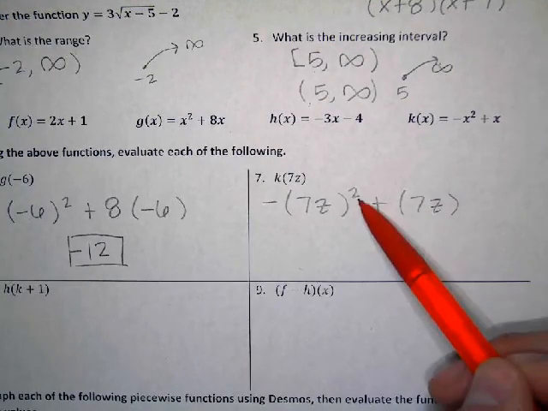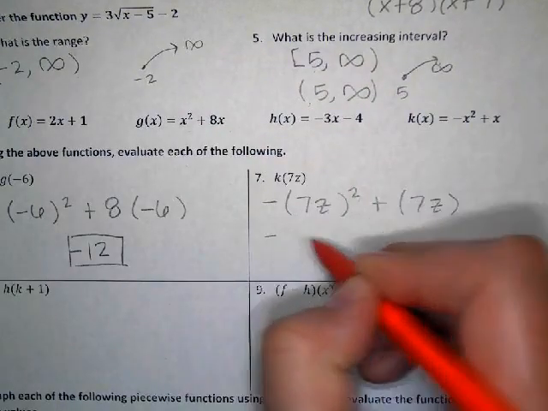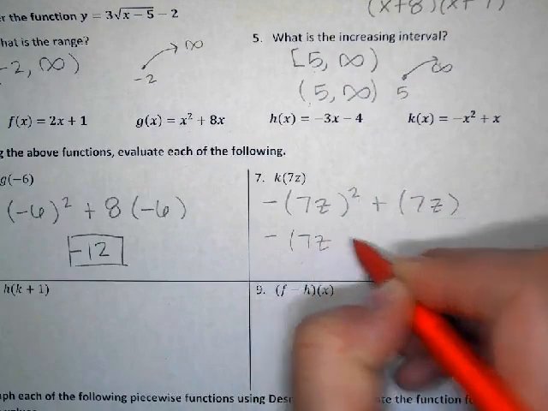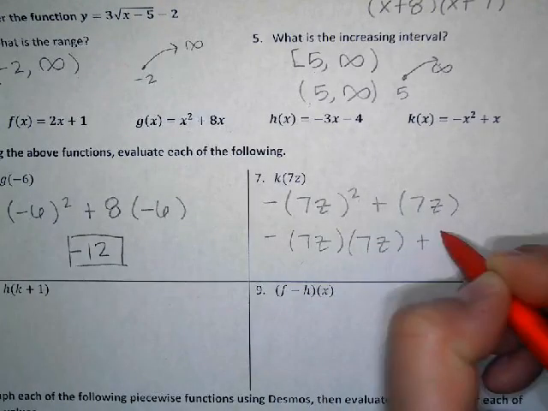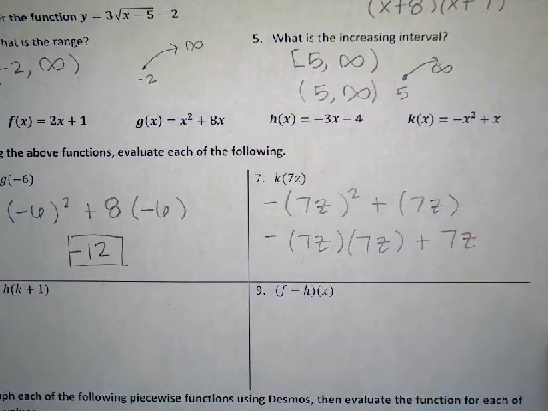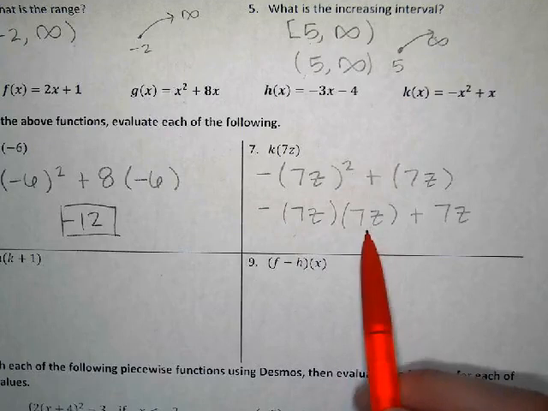Has to do with the squared. Times it by itself, exactly right. So I've got negative 7z times itself, since that's what squared means. The other 7z doesn't really need those parentheses. And what happens if I do 7z times 7z?